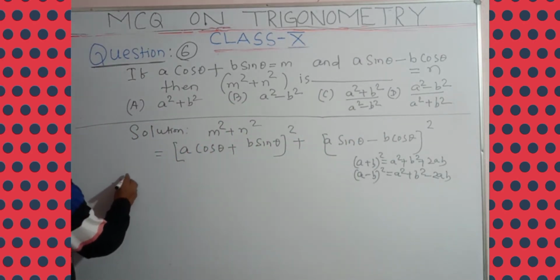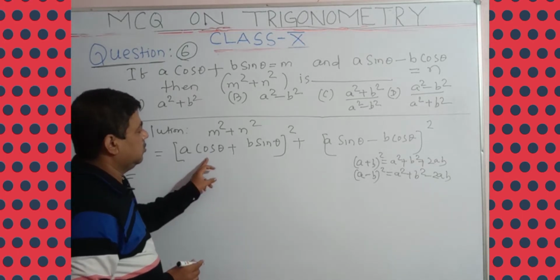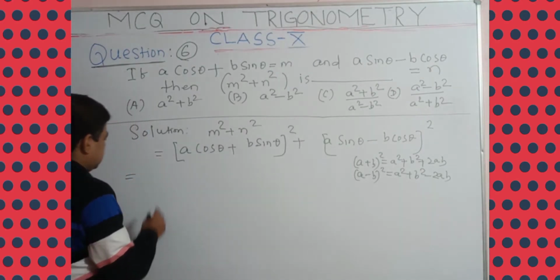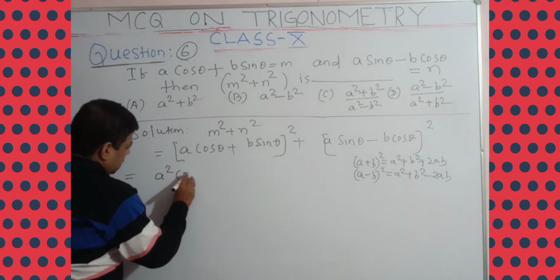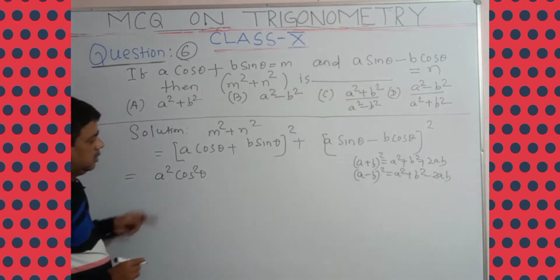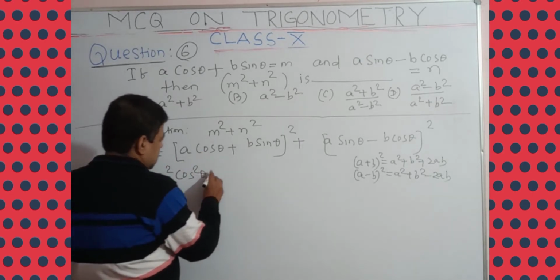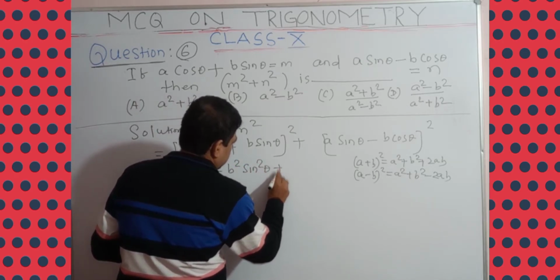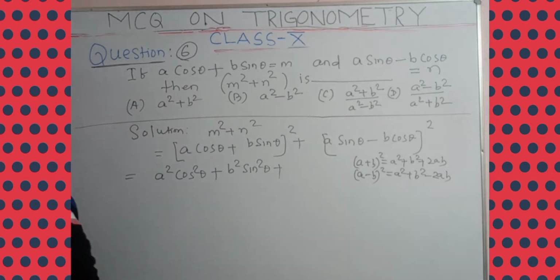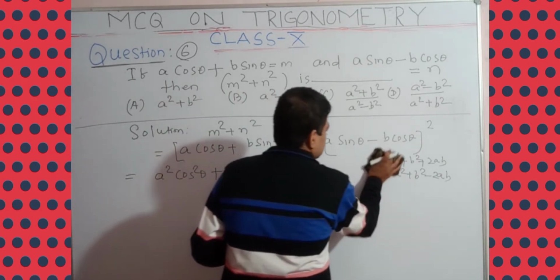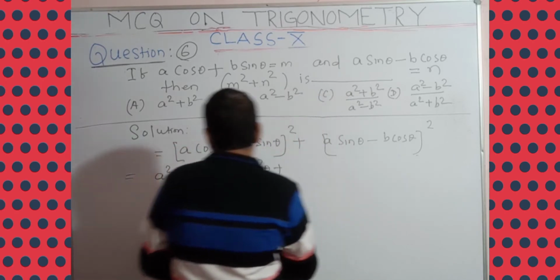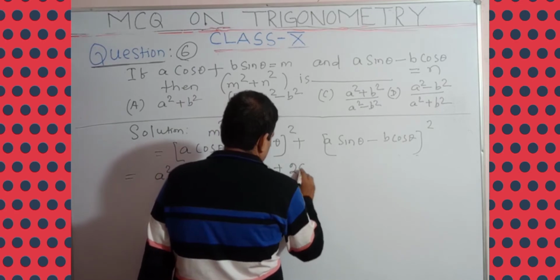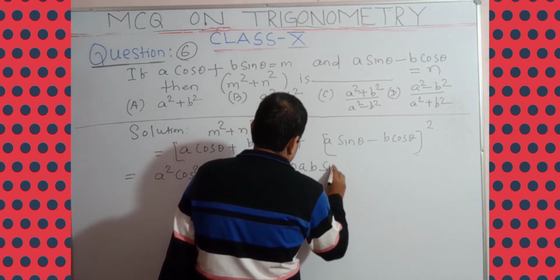So here, in a cos theta plus b sin theta, the first term is a cos theta, so the square of the first term is a square cos square theta, plus similarly b square sin square theta, plus 2ab sin theta into cos theta.